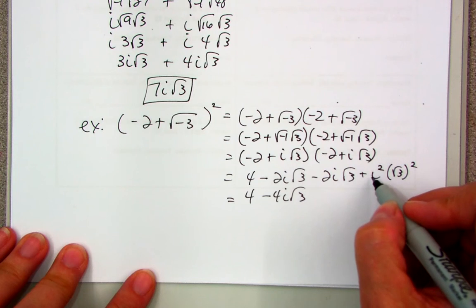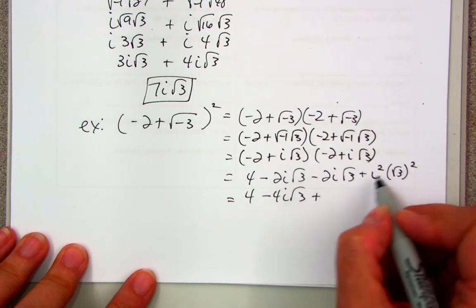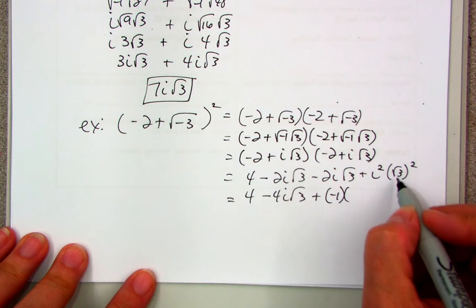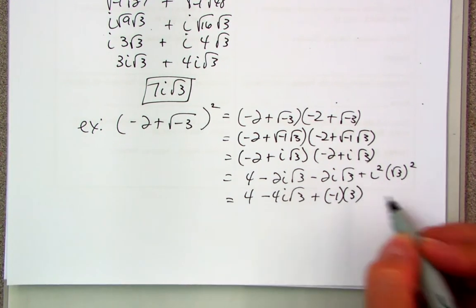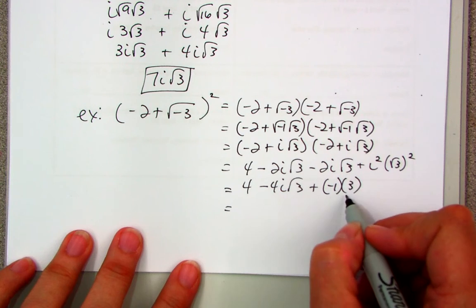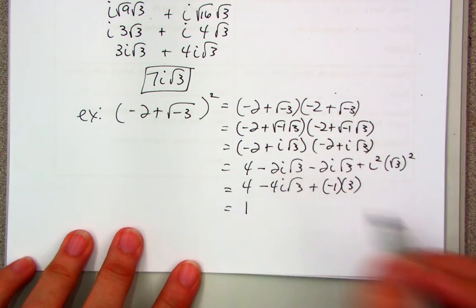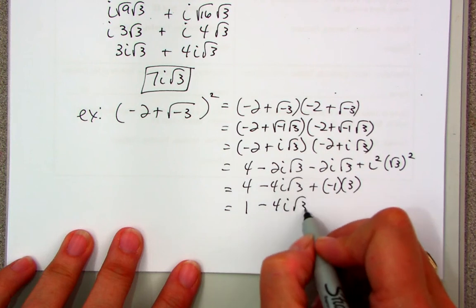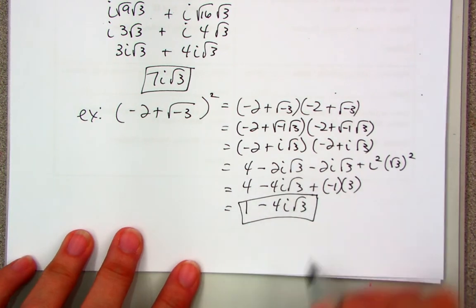This, well, let's see, I think I'm going to write it here this time. The i squared is a negative 1. It's being multiplied. The square root of 3 is squared, so that's 3. So let's see, that's a negative 3. That's a positive 4. I get a positive 1. That's my real part. Here comes my imaginary part. And there it is in a plus bi form.